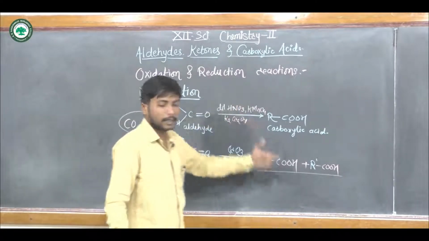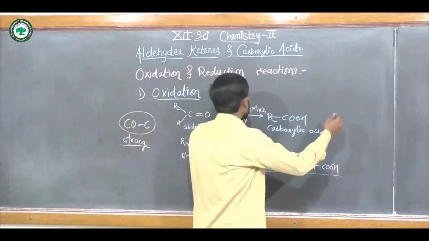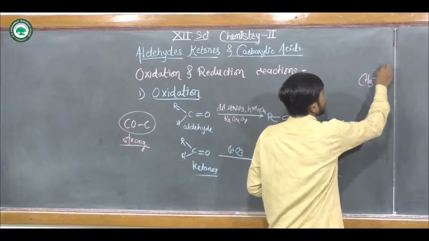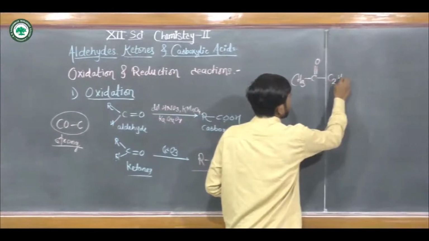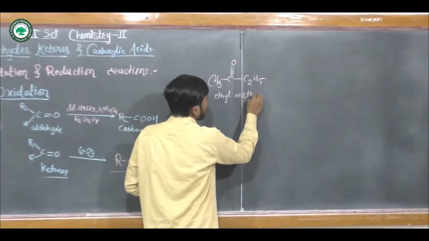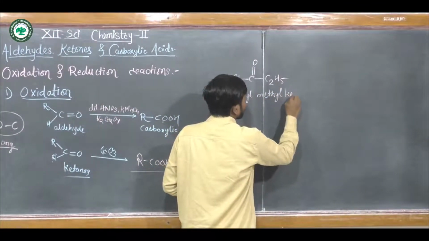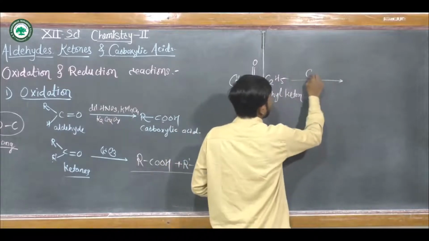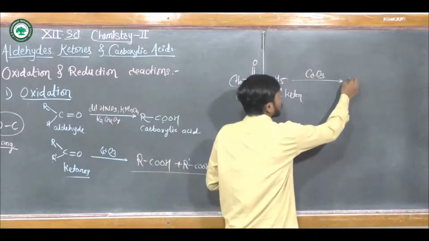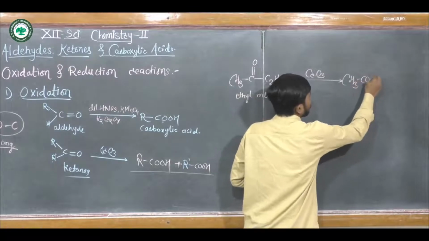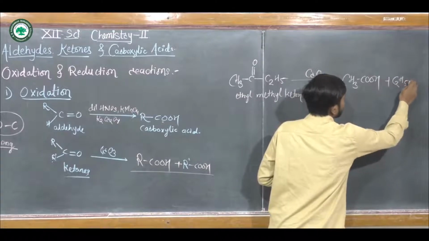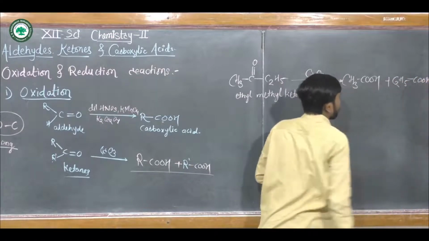Let us see this in an example. Here it is ethyl methyl ketone, which on oxidation with a strong oxidant like chromium oxide gives a mixture.